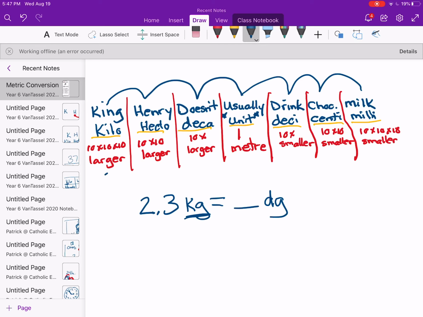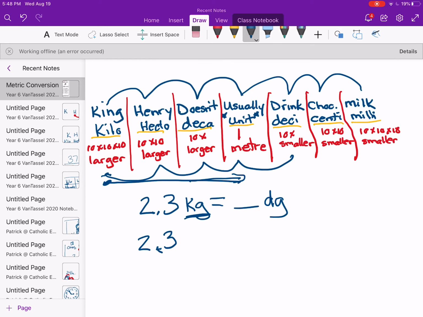So I go to kilograms, so the kilo, and I count out how many jumps I'm going down. 1, 2, 3, 4 to get to decigrams. I'm making 4 jumps to get to decigrams. So that means I'm moving that decimal 4 places in that direction because I'm starting here and I'm going that way. So I just kind of get students to put the 2.3 here.